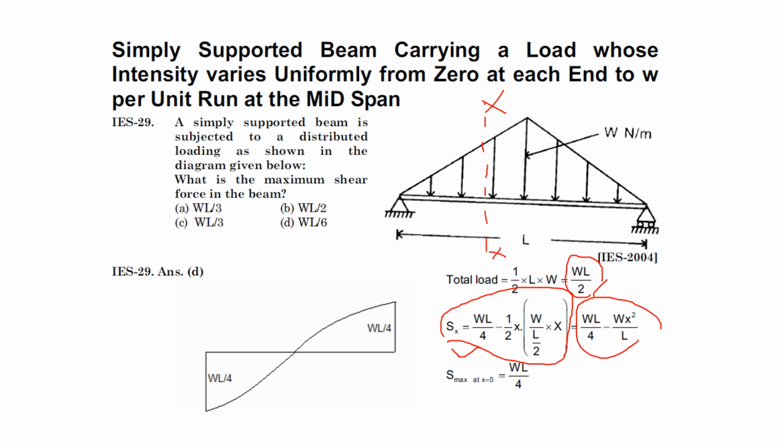The maximum is at X equal to 0, which is WL by 4. So the answer will be D. Actually it should be WL by 4, but since WL by 4 is not given in the options, we have to consider the closest, WL by 6. So the answer will be D.